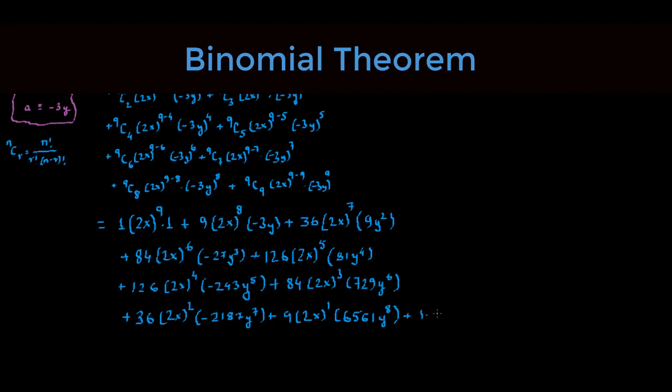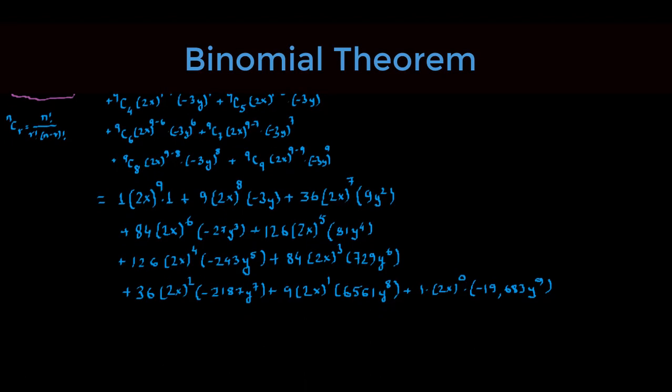This is 1. 2x whole thing raised to the power 0 times negative 3 whole thing raised to the power of 9. It's negative 19,683 y raised to the power of 9.